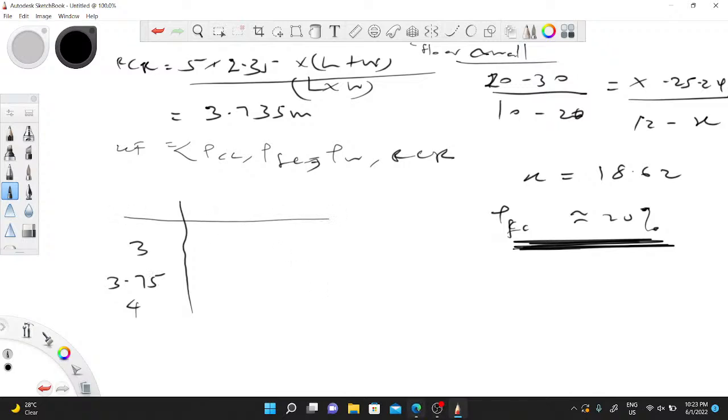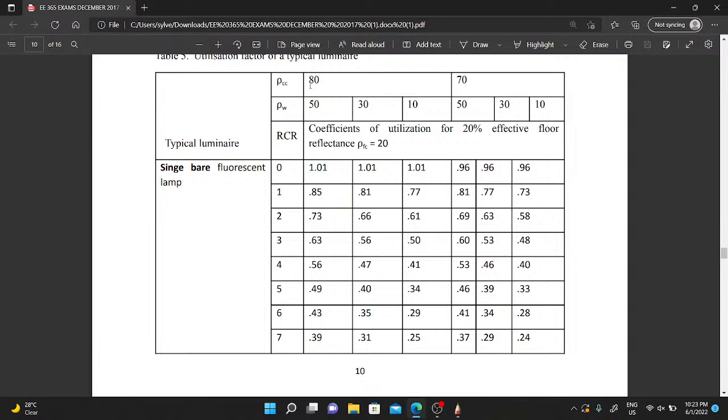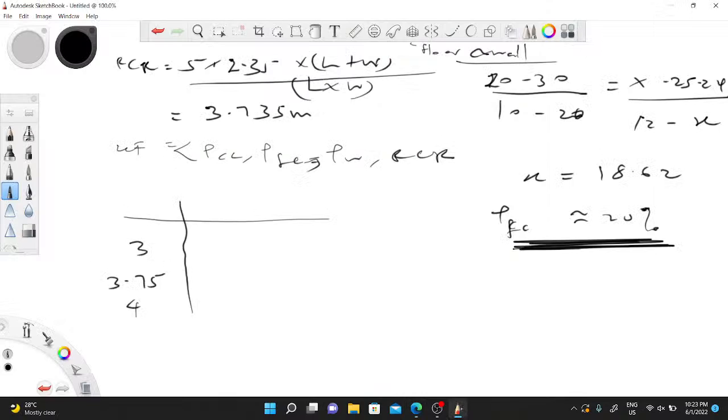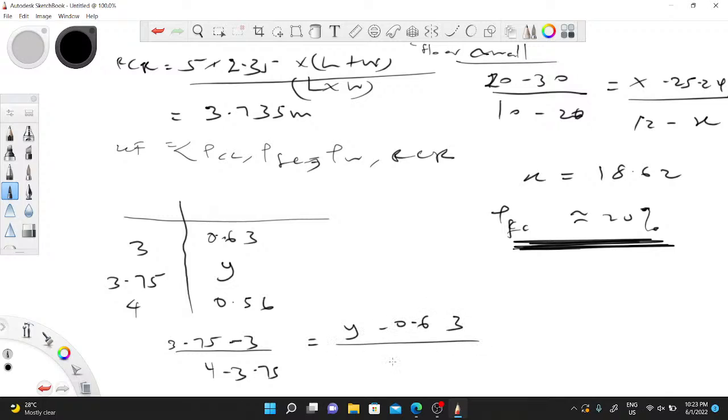At 80 and at 50, at 3 we have 0.63, at 4 we have 0.56. I'll put my y here. So I'll do 3.75 minus 3 over 4 minus 3.75 must be equal to y minus 0.63 over 0.56 minus y.